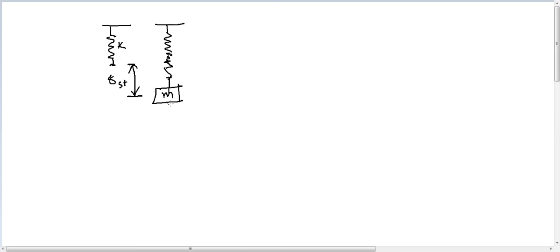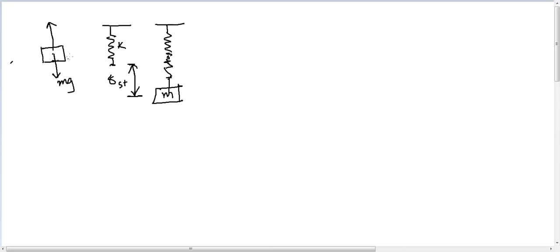Now let us try to draw the free body diagram for this mass. If this is the mass, at the center of gravity mg is acting, and the spring force is acting in the upward direction.